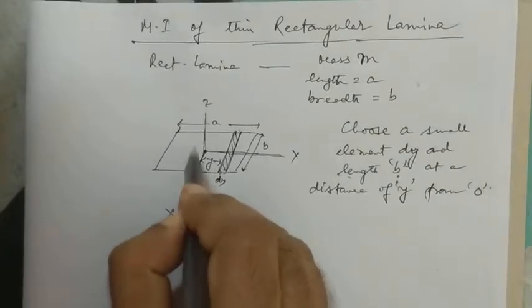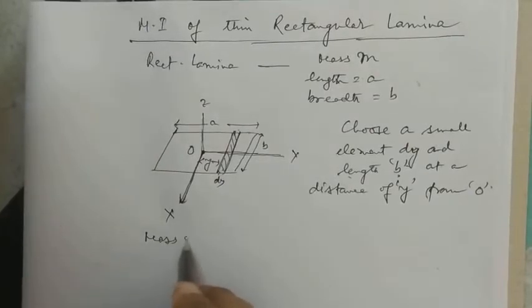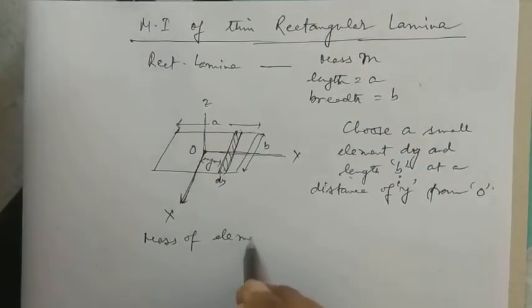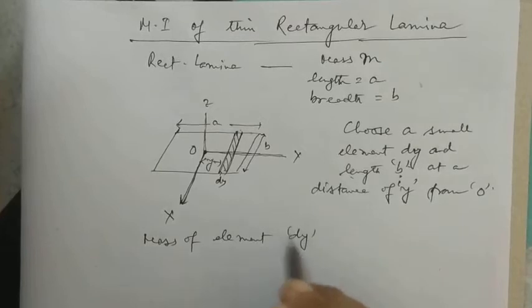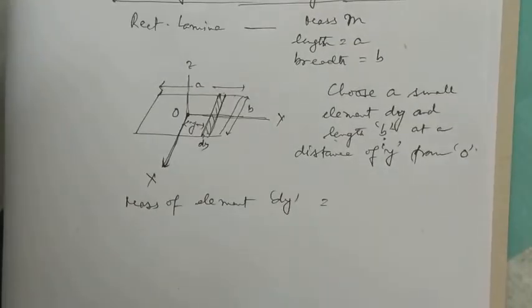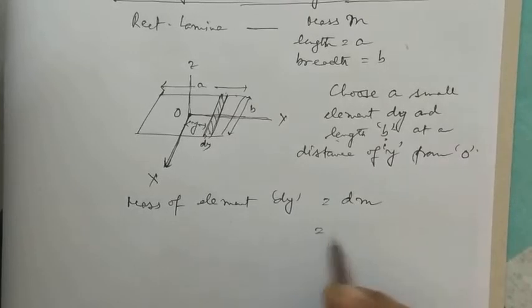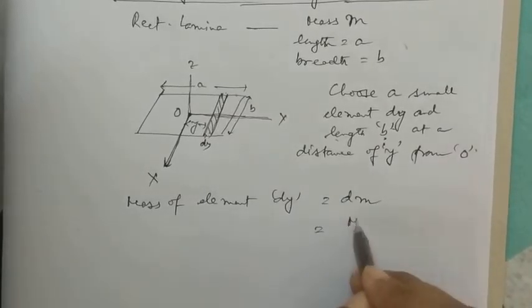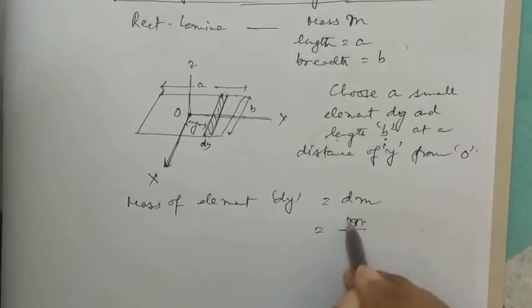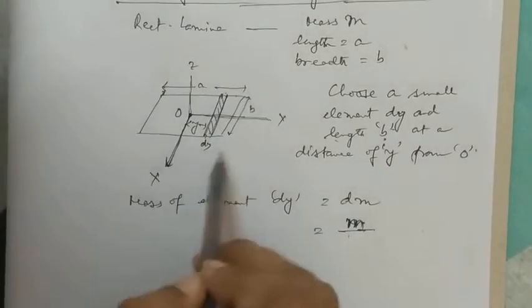Now the mass of this element dy. We already have studied how to find out the mass of these kinds of small elements. Let this be dm. So dm is equal to mass per unit area, small m, multiplied by area of the small strip.